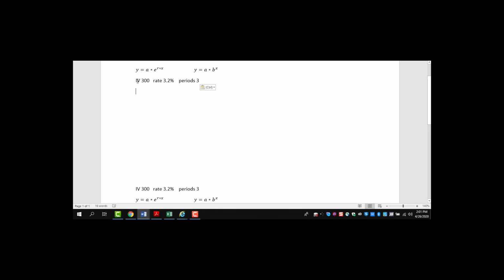Continuous growth with an initial value of 300, a growth rate of 3.2% for 3 periods, 3 years or whatever. So I'm going to get 300 times e raised to the 3.2 over 100, put it in your calculator, 0.032 times 3 periods.